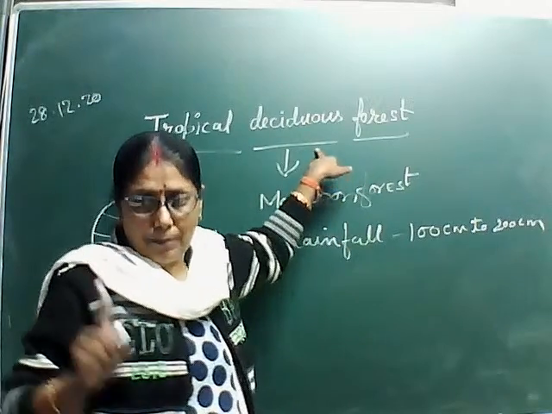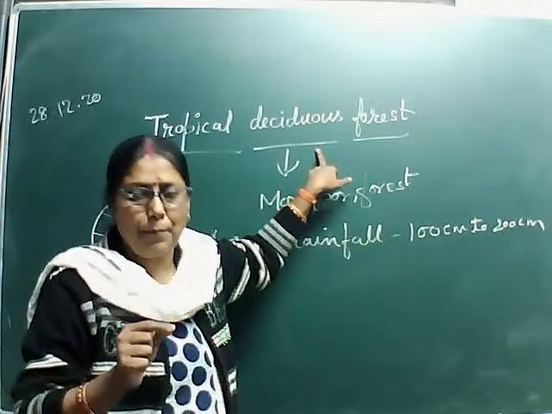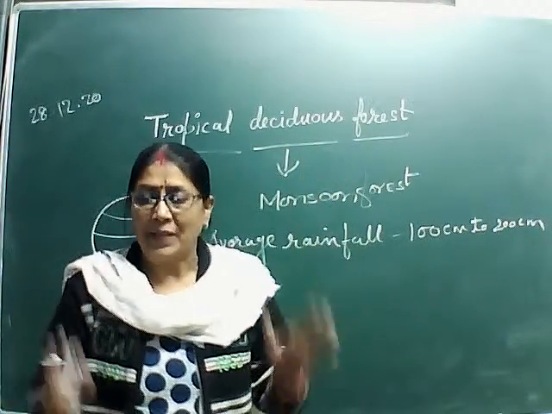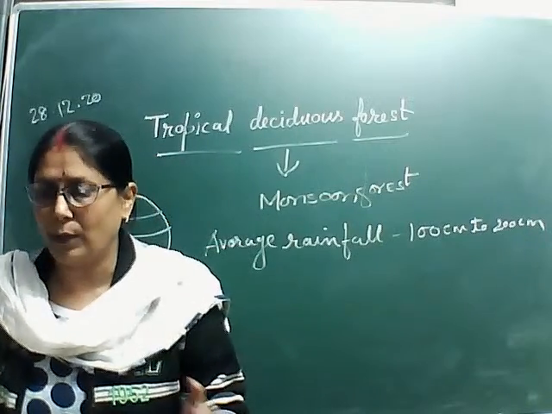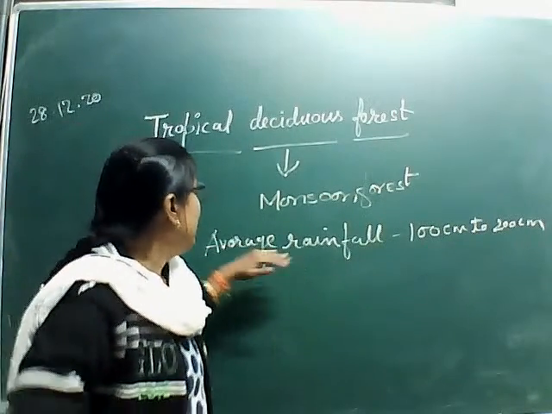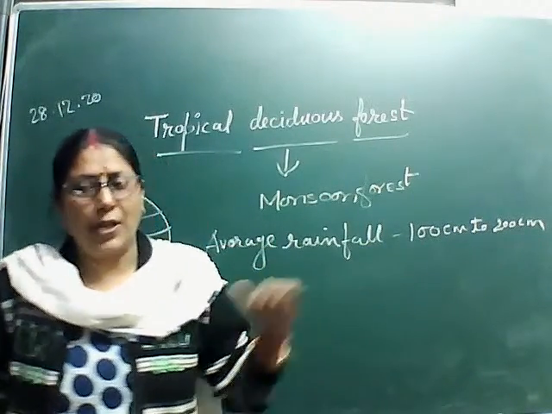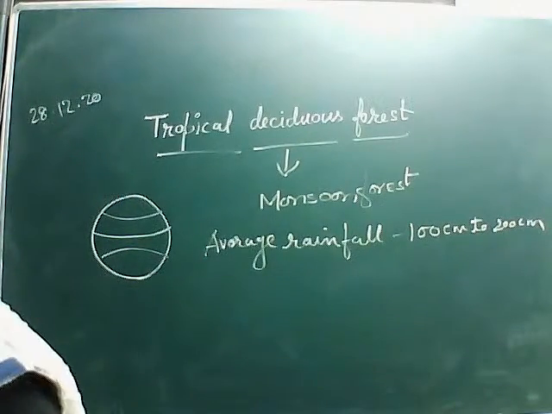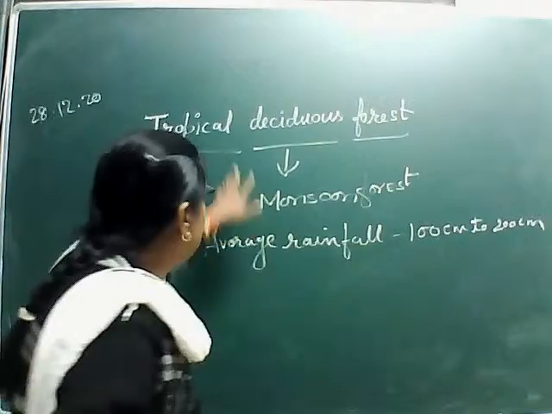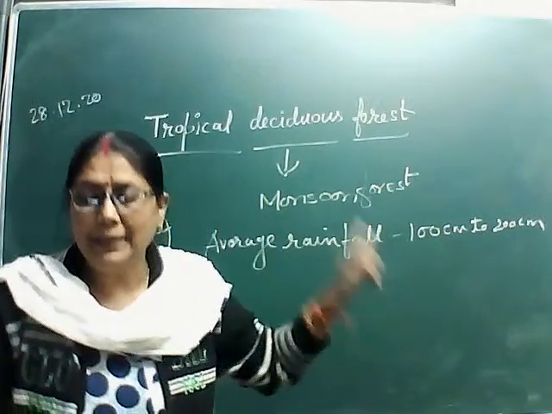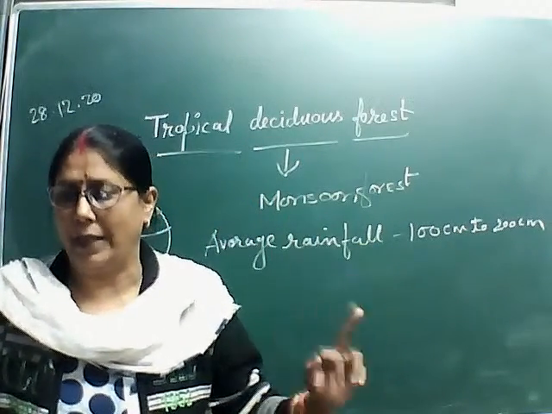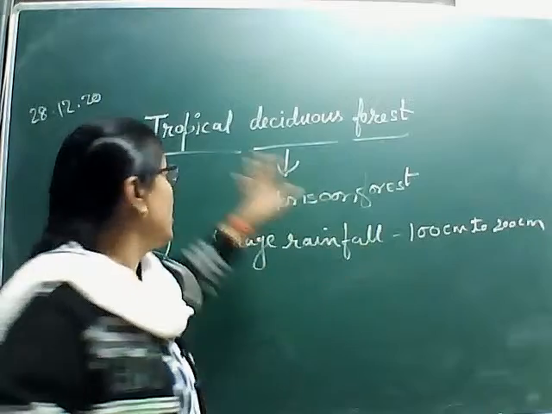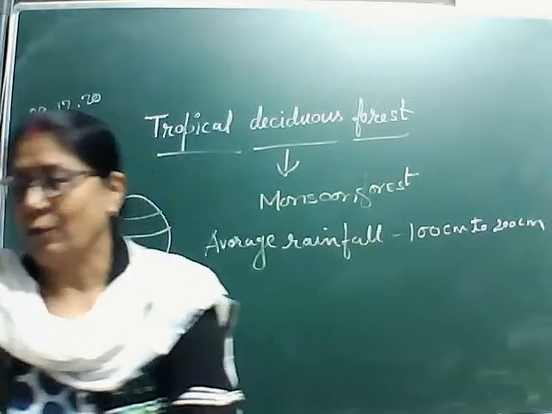That's why I told you before that this type of vegetation grows where there is less rainfall. Okay. And where the average rainfall is 100 to 200 centimeters, in such areas we can see the tropical deciduous forest.